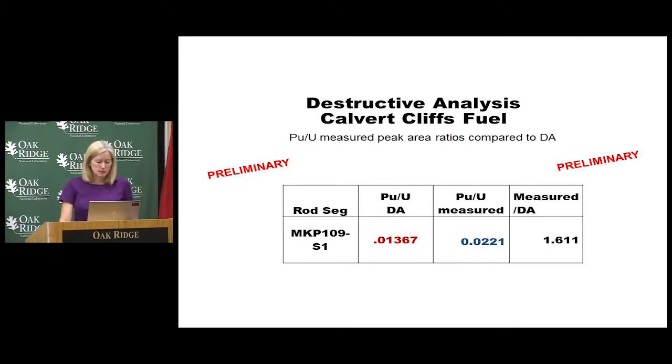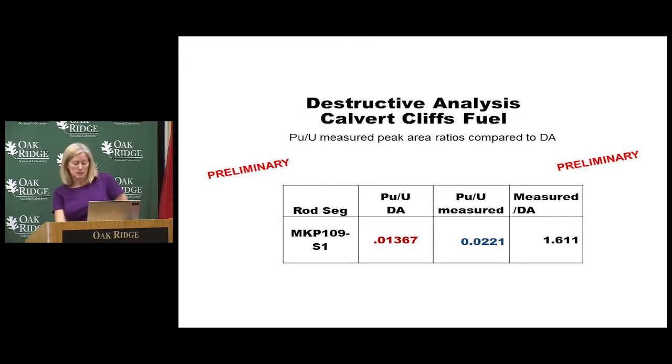So what we did was we measured some fuel from Calvert Cliffs as well. And I have to put preliminary up there because we did not get the final results from our destructive analysis. But we did some XRF measurements of the fuel, and then we sent in the sample at the same location for destructive analysis. So the destructive analysis plutonium to uranium ratio was about 0.014, but what we measured was 0.02.